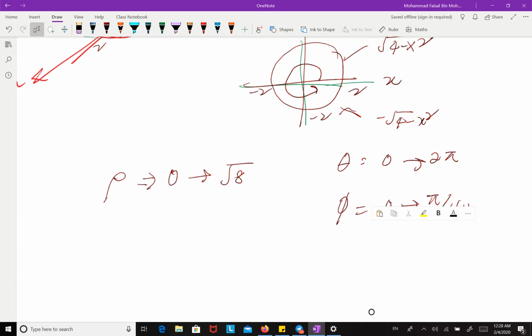So now you can complete your integration.